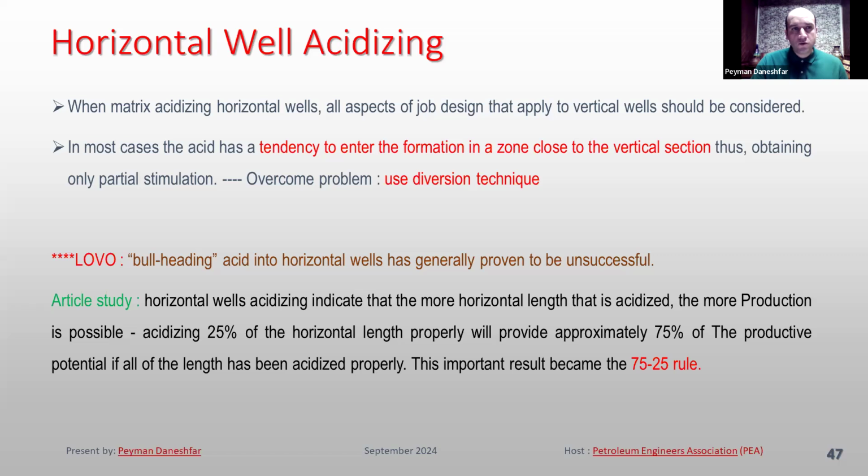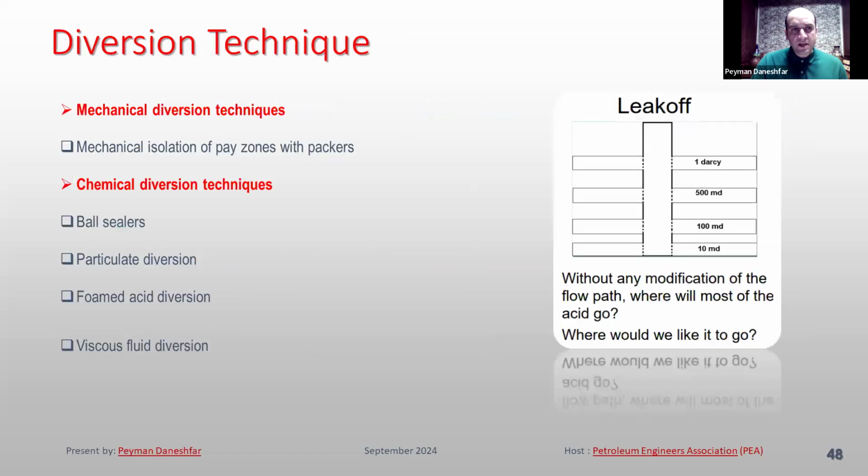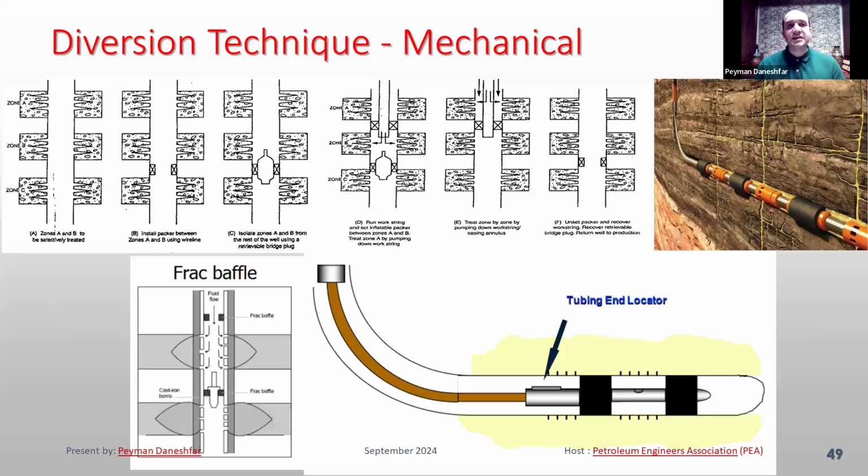So we go to the next slide, for the mechanical diversion technique. In a mechanical diversion technique, we should absolutely use coiled tubing, and we should also use a straddle packer, set in the way of the interval, but it may have more cost.